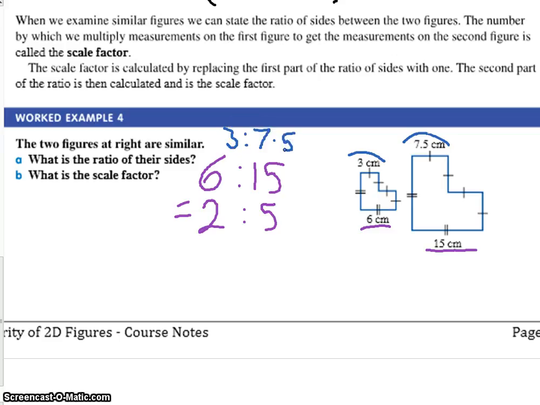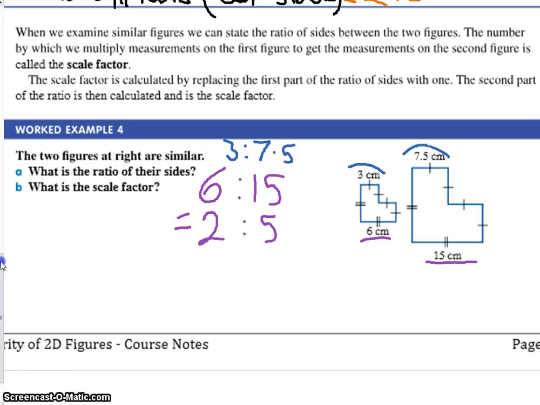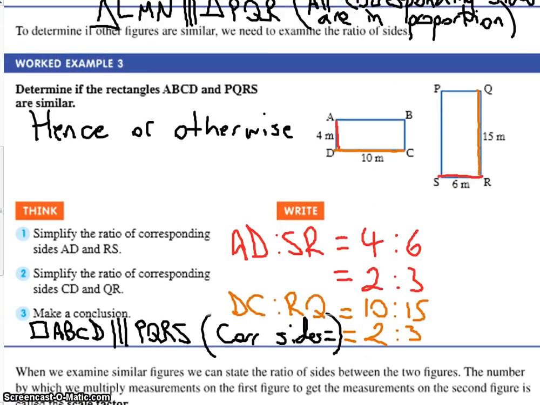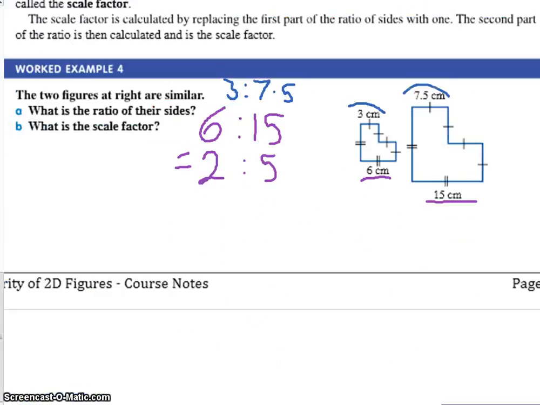When we did these ones, we had to find the corresponding sides, correct? Well, in this shape, we've still got to use the corresponding sides. So which side corresponds to that one? The 15. That's why we could only use the 6 and the 15 together.